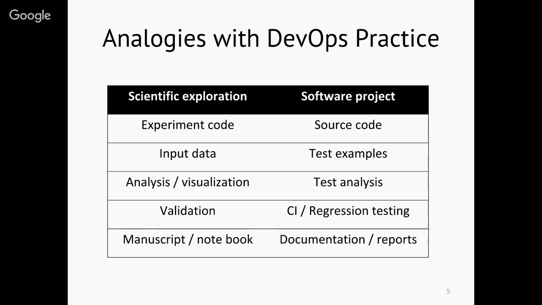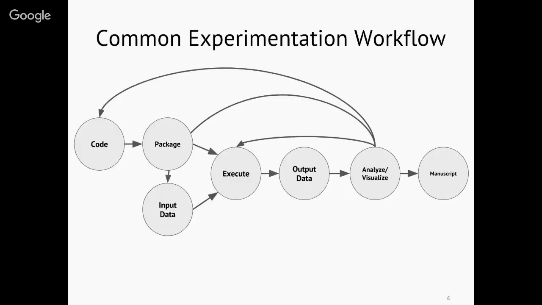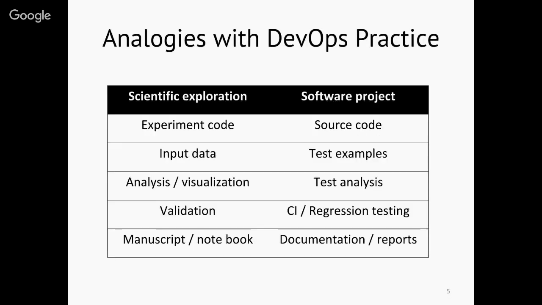And if we reflect on the previous diagram that I showed you on how that compares to what people do currently, we see this one-to-one correspondence because we're managing code, and these people doing software projects manage code. They also have input data in the form of test examples, and they analyze results by looking at the results of those tests.